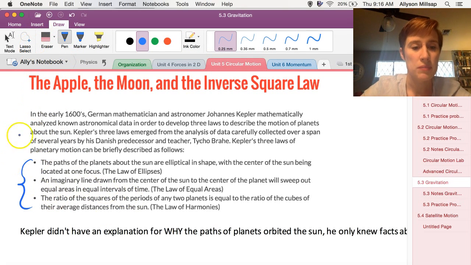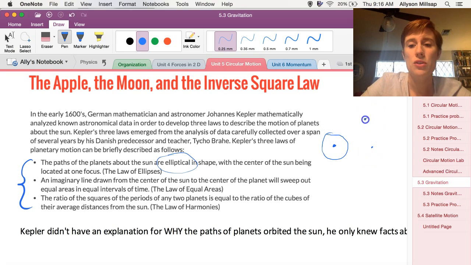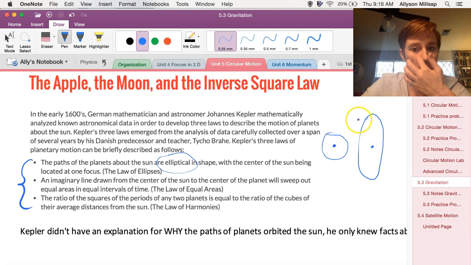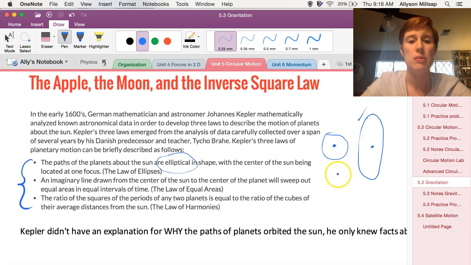One of them was that the movement of the planets is elliptical in shape. Circular motion is a circle, and elliptical looks like an oval. He realized that planets move in this elliptical shape, with the sun at the center, what they move around. That's called the law of ellipses.